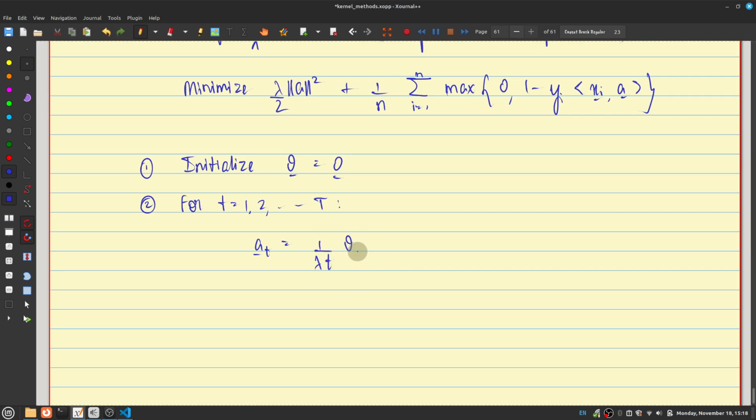Let me initialize theta 1 to be equal to 0. You compute a_t to be 1 over lambda t times theta_t. And you pick i uniformly at random from 1, 2, 3 up to n. So you pick one of the data points uniformly at random.